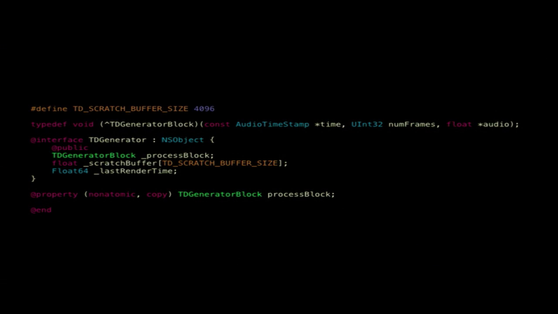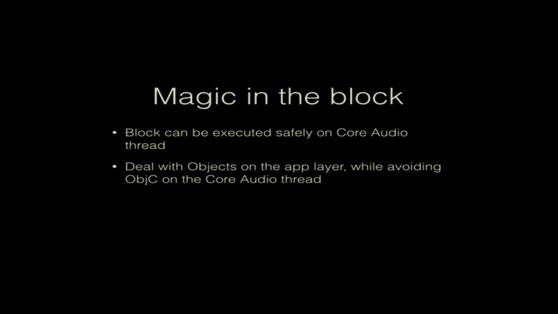It defines a block that takes a timestamp in Core Audio time, a number of frames that it's going to process, and then the pointer to the audio that it's going to write to. It exposes that block so that we can get to it at a low level. And it's got a scratch buffer so it can do some of its work before writing it out to our actual finished array. And it creates a property so that we could copy it and do our memory management correctly. And so all the magic is in that block.